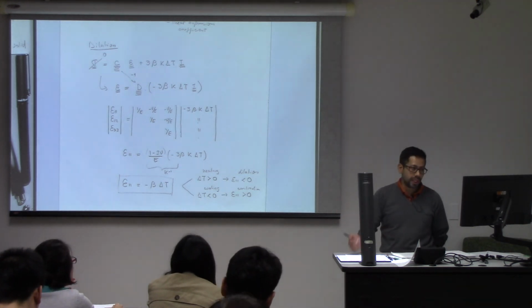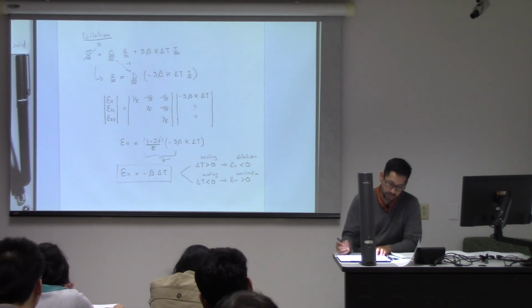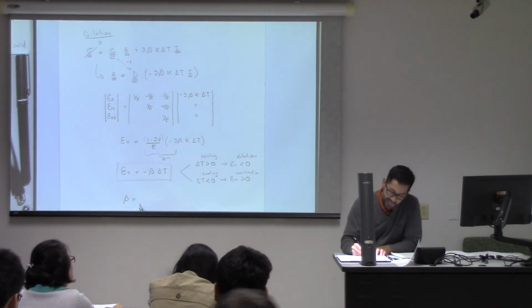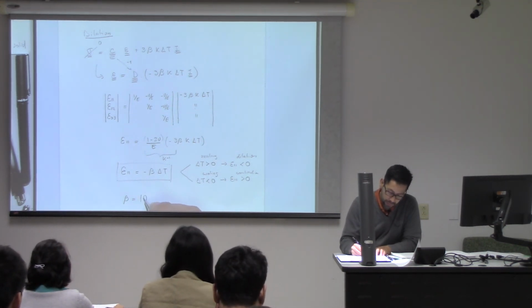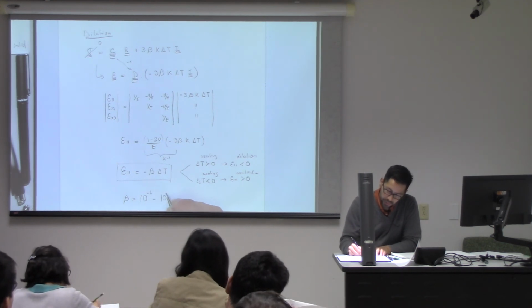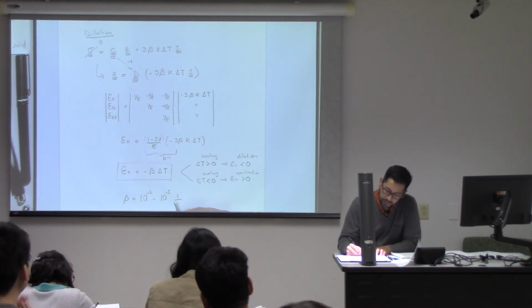So let's try to get a grasp about what these changes can cause. In rocks, beta usually goes from 10 to the minus 6 to 10 to the minus 5, 1 over Kelvin.